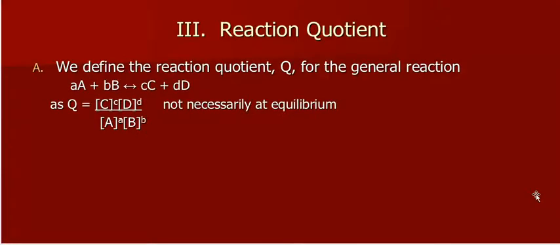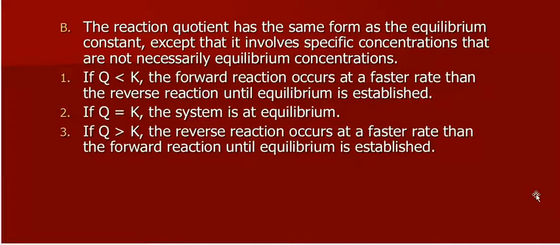We're going to define the reaction quotient, which is Q for the general reaction, as Q equals the products raised to their powers divided by the reactants raised to their powers. K has the same form as Q. The only difference is Q is not necessarily at equilibrium. These can be initial concentrations.